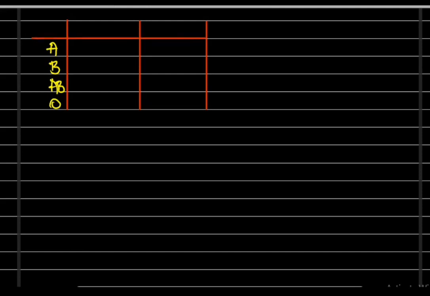So talking about their characteristics now, we have the antigens in the RBC, and we have antibodies in the WBC. Now A has antigen A and it has anti-B antibody. That means it is against B.